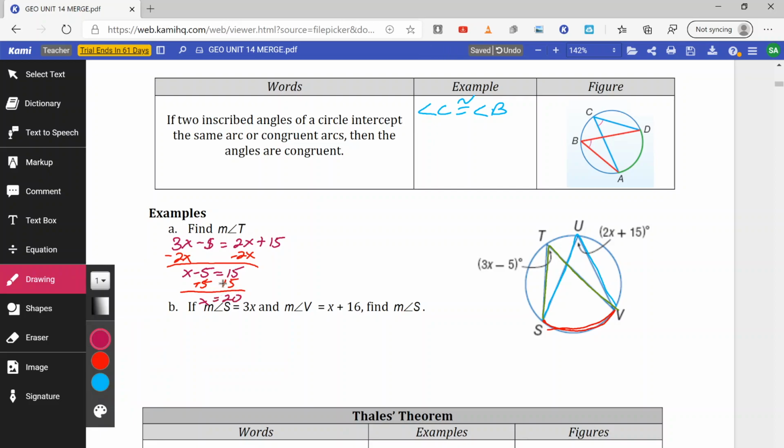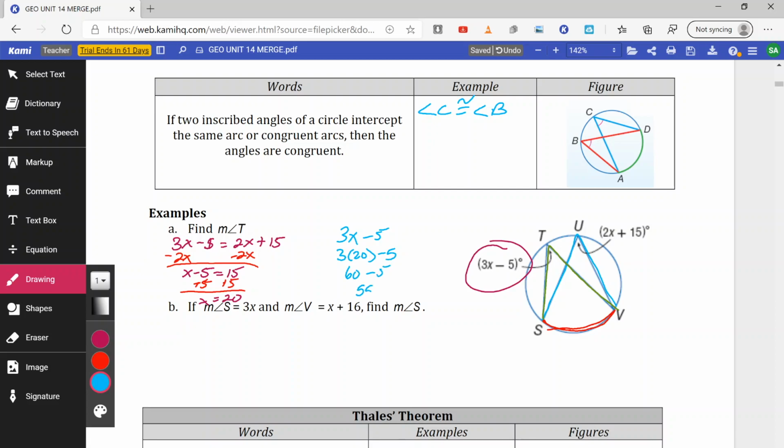So if x equals 20, that means I can input it into what angle T is to figure out what the angle measurement is. So angle T is 3x minus 5. X is 20. So 3 times 20 minus 5. 3 times 20 gives me 60.